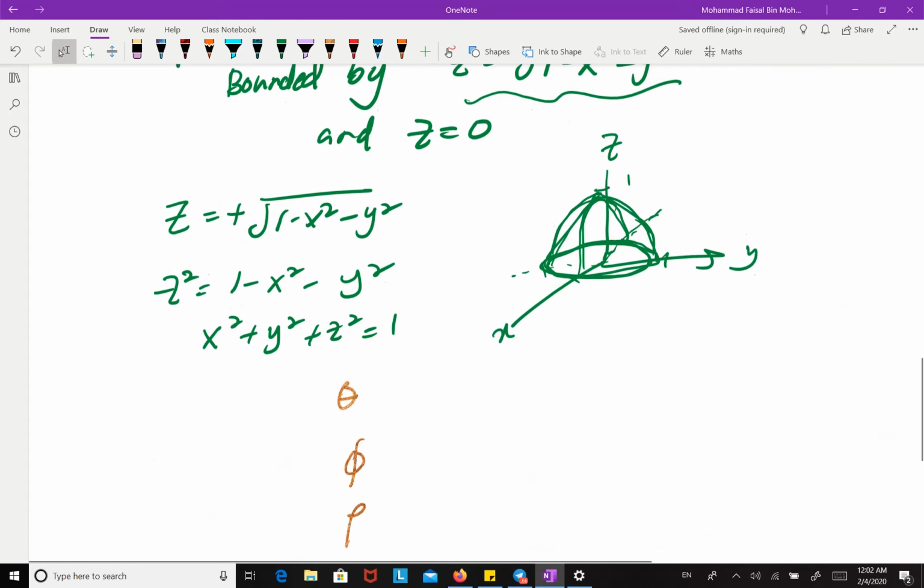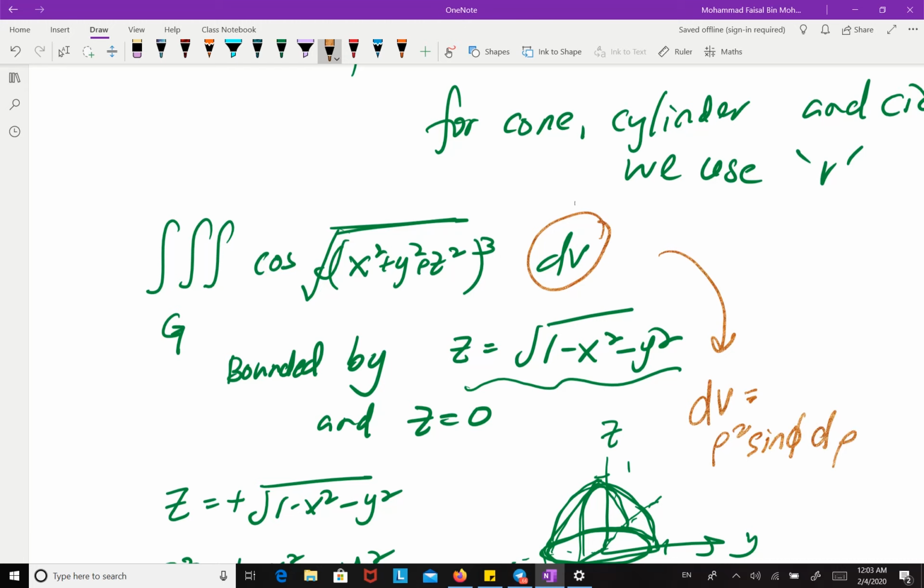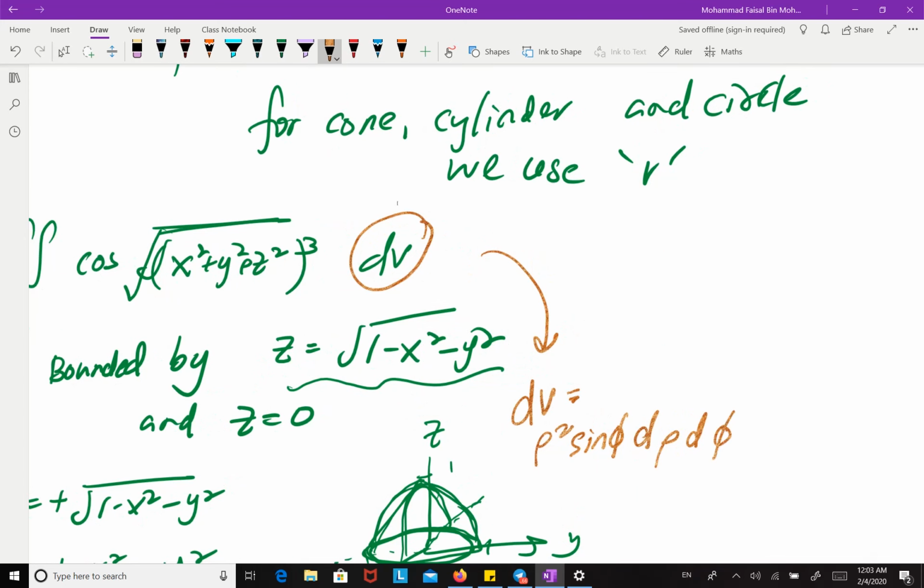Because dV is represented as rho squared sine phi d rho d phi d theta.